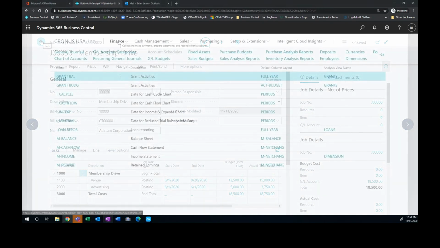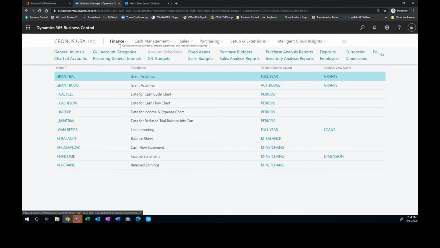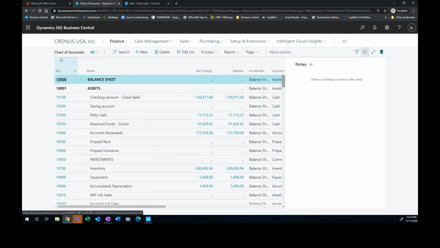It really comes down to a slightly different way to build your chart of accounts that makes it much easier to manage and maintain, and then makes it more powerful to get information out.